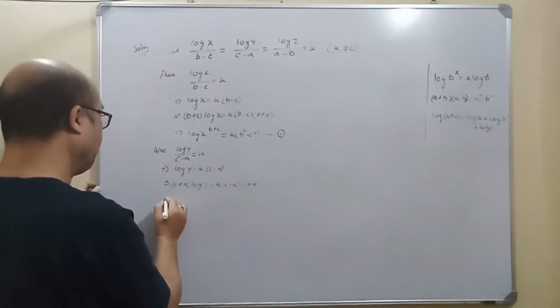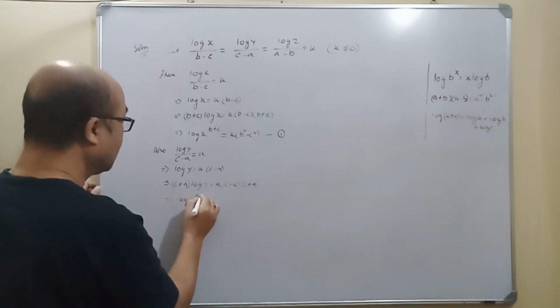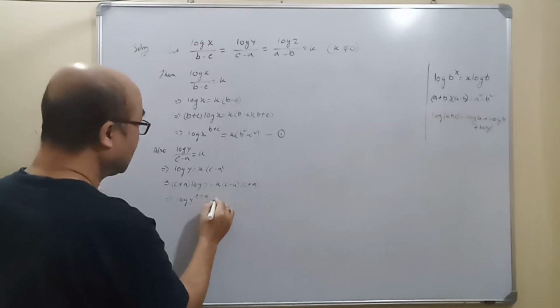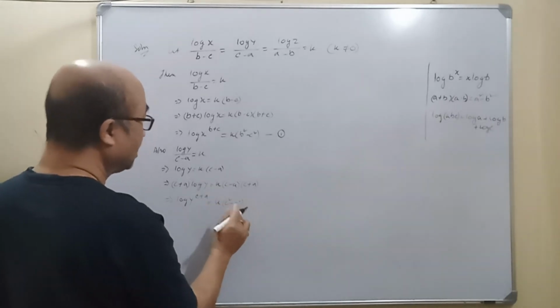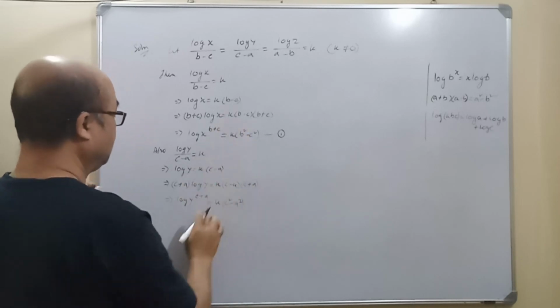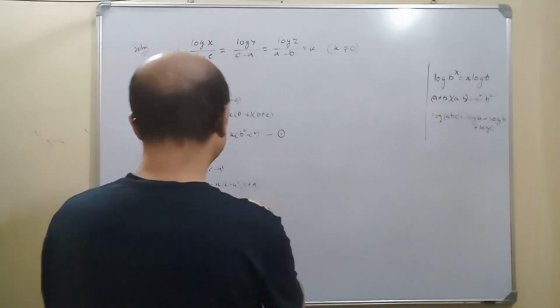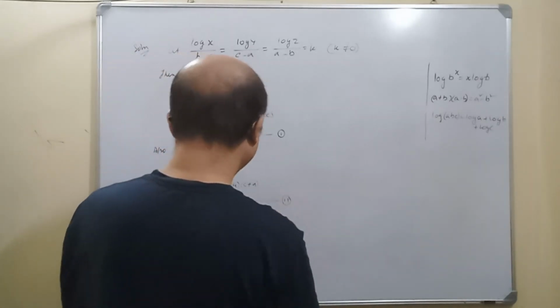Same thing, multiplying by c plus a, log of y to the power c plus a is k into c square minus a square, same as this one. Let us say this is equation number 2.